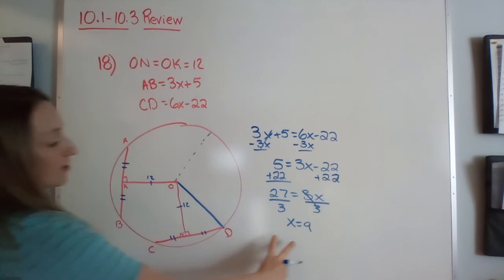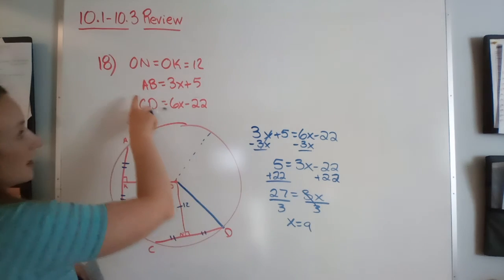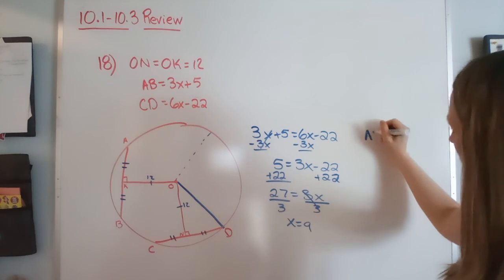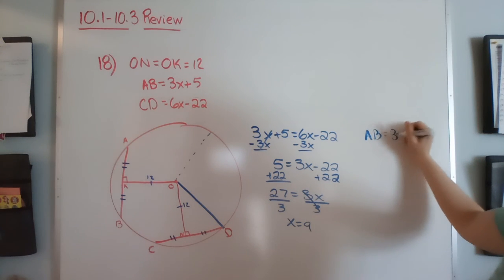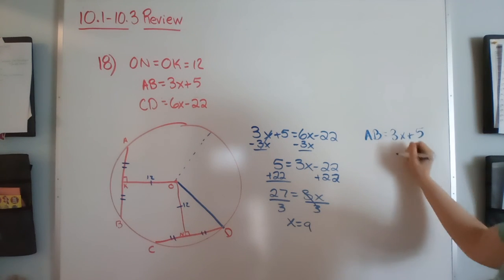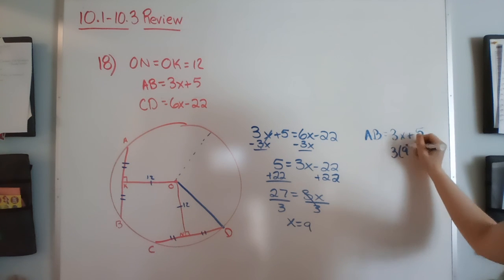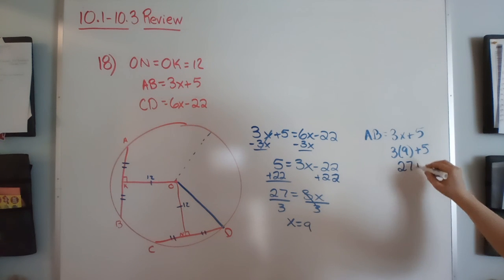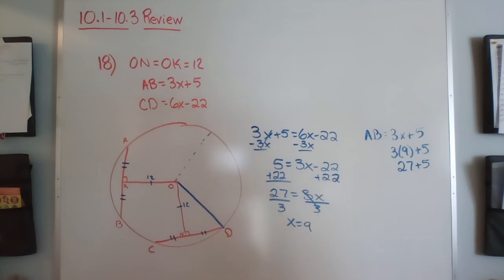All right, so now that I know x is equal to 9, let's take a minute and figure out the length of AB. Okay, so AB is equal to 3x plus 5. So I have 3 times 9 plus 5. You're going to have 27 plus 5, which is going to give you a length of 32.